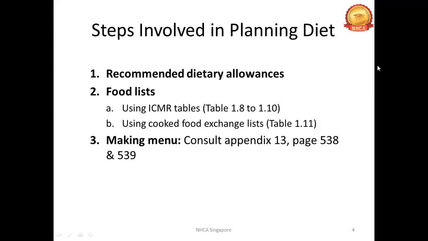Veg and non-veg. In the new textbook, I'm not sure, but in the old textbook, the first menu plan is a vegetarian menu plan. The second menu plan is the non-vegetarian menu plan.